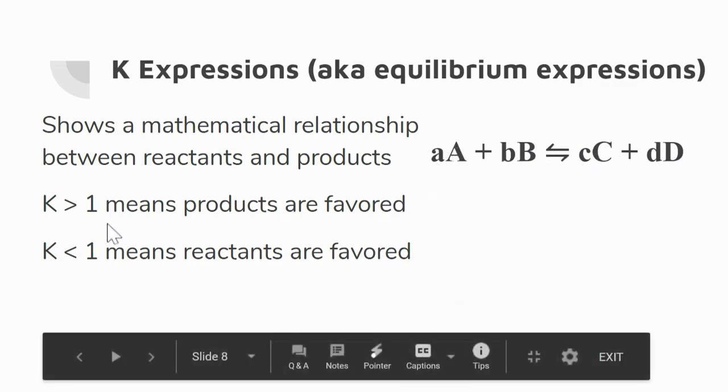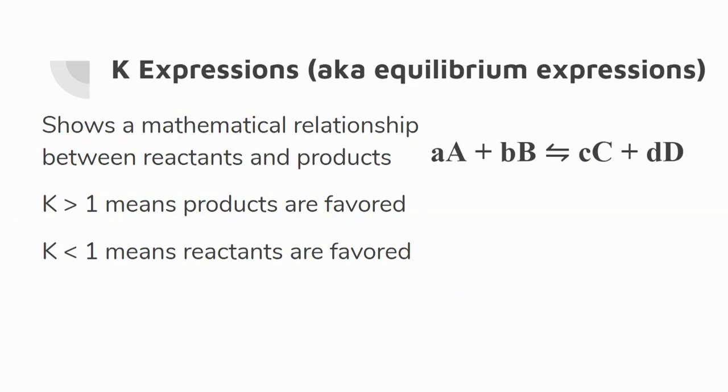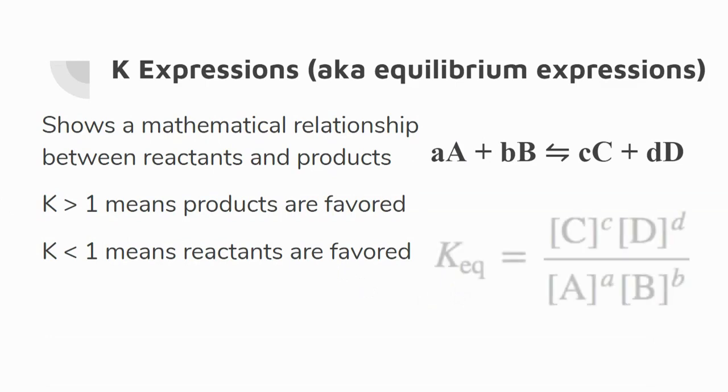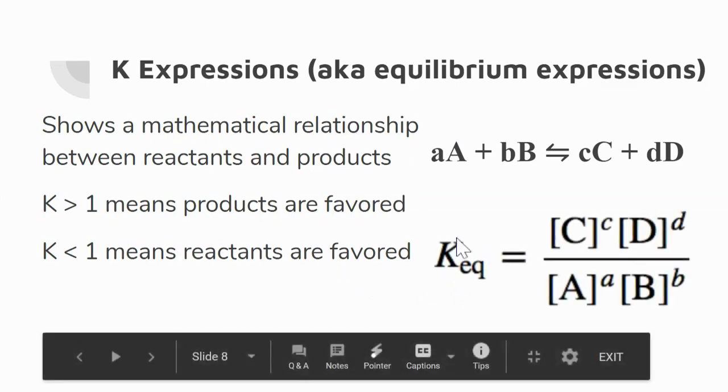So if I write a K expression, the rule of thumb is that you always do products over reactants. And so this is what that looks like. I say K, and then this little EQ is kind of an identifier because K can be used for all different kinds of chemical situations. So this EQ just tells me that this is a generic equilibrium problem.